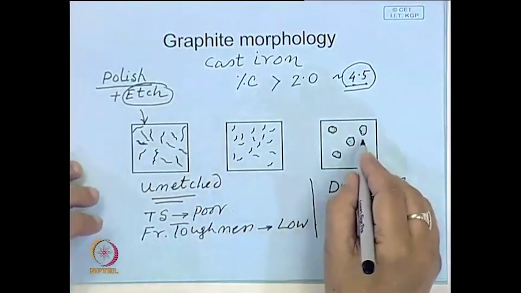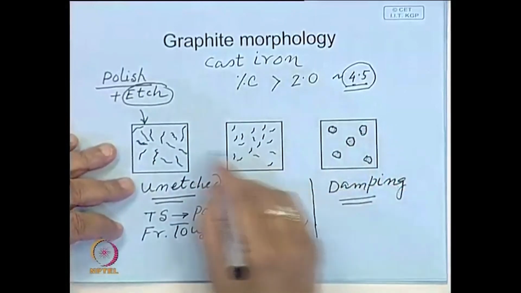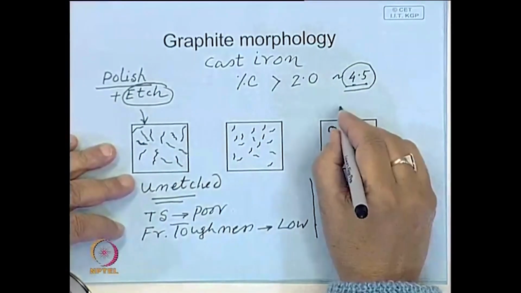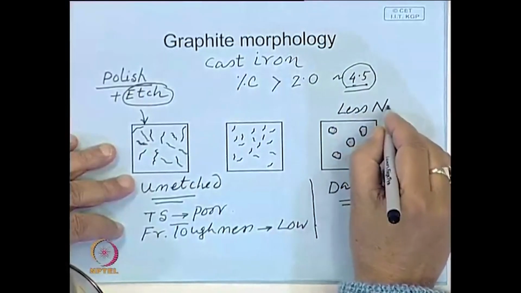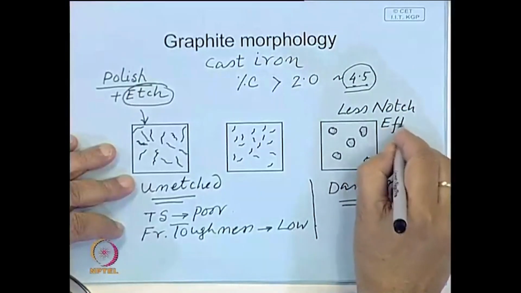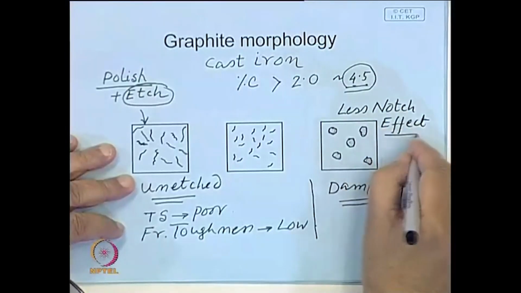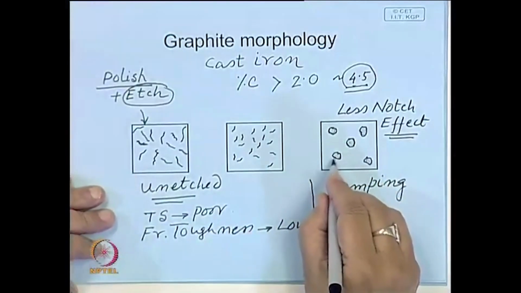And nodular cast iron, if you can control its morphology, here this notch effect is less. So, therefore, here the chance of crack propagation is a little less.